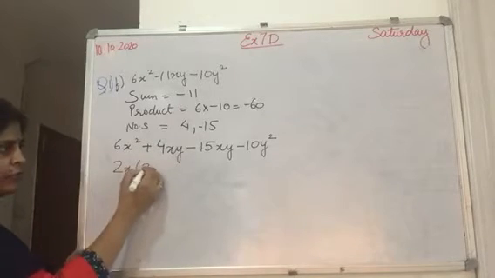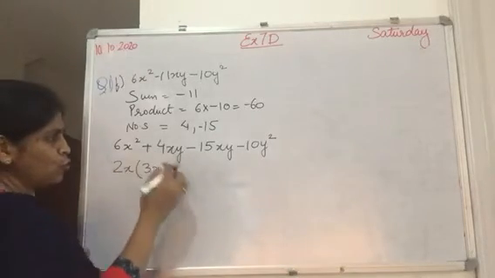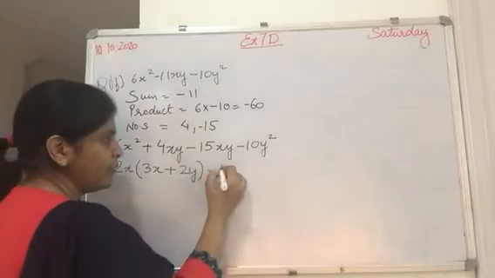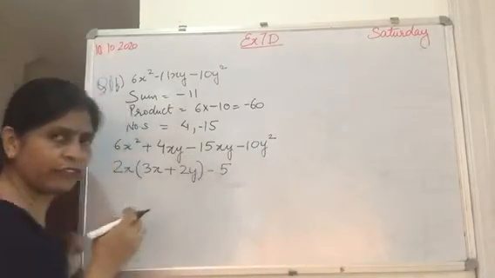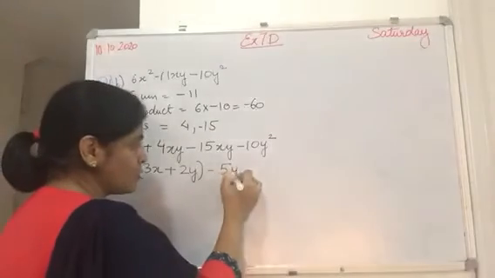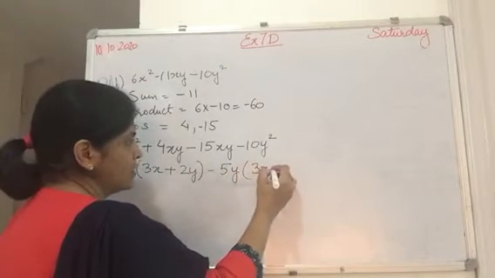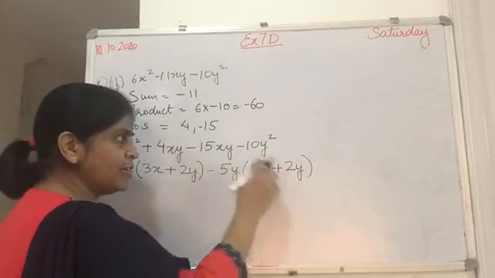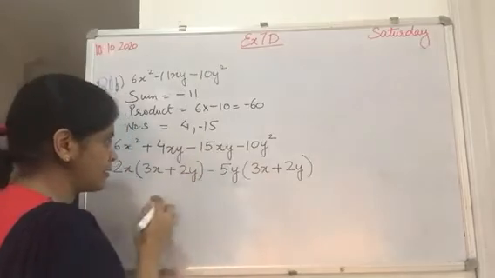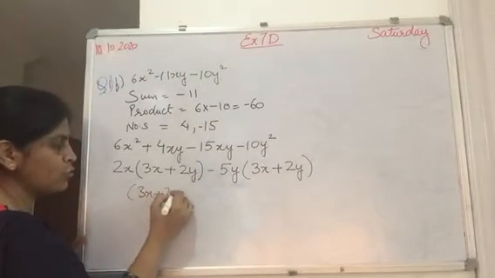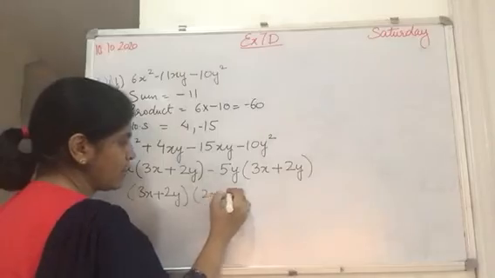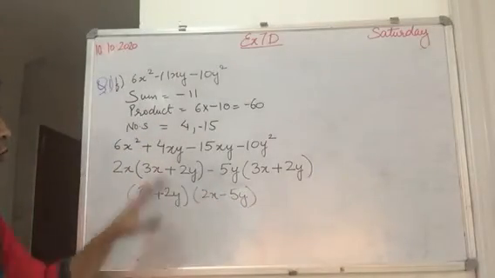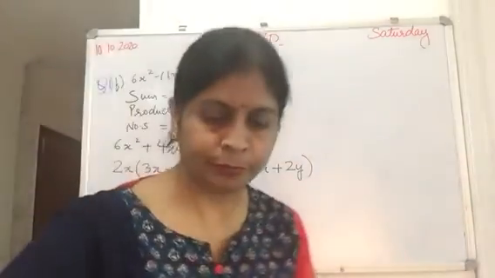How many times 6 come? 3x plus 2's table 4 come 2 times y. Here 10 and 15 come in 5's table, both are negative, so we have taken minus as common. Y is also common, 3x plus 2y, minus plus minus, minus minus, sorry, minus plus, again minus. So 3x plus 2y and 2x minus 5y are the factors of this F part.